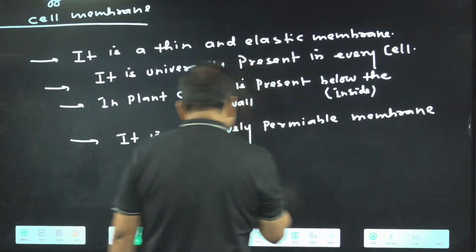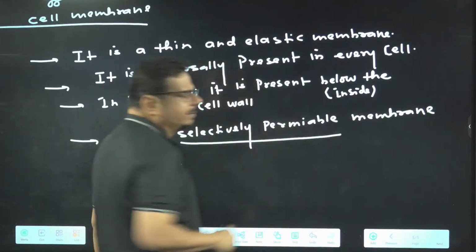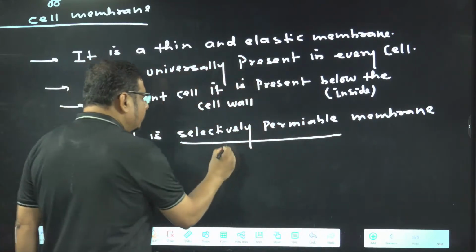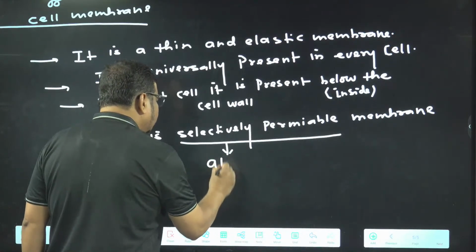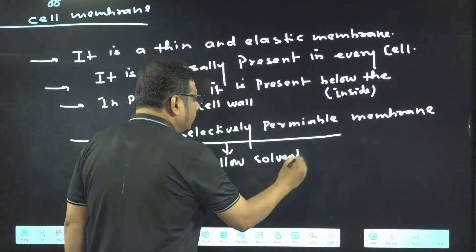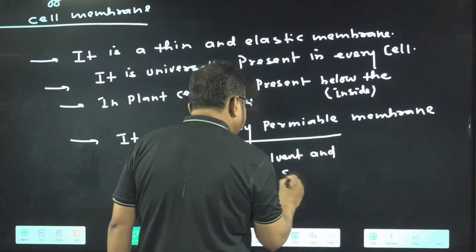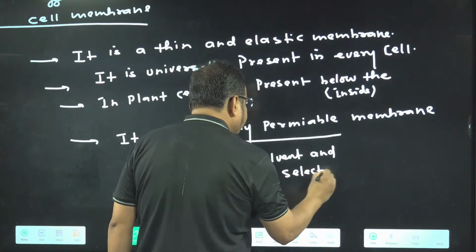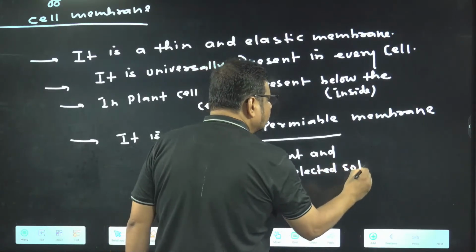Now the question arises, what is selectively permeable? Selectively permeable membrane allows solvent and selected solute to pass through it.